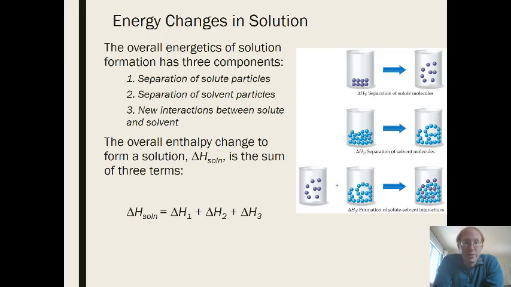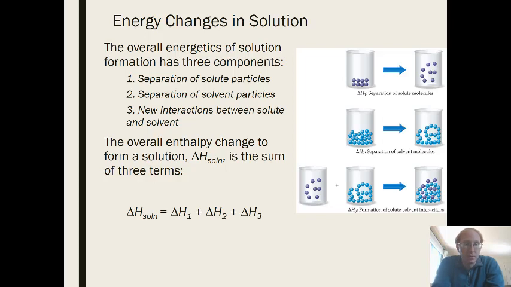So the overall enthalpy change for the solution, the delta H of the solution, is the sum of these three terms. Because to disrupt or to form IMFs, just like to break or form bonds, there's an energy associated with that. It always requires energy to break a chemical bond, and we always get energy out when I make a chemical bond. The same is true for disrupting and forming intermolecular forces. To disrupt an intermolecular force, I need to add energy in, and I get energy out when I make a new IMF.